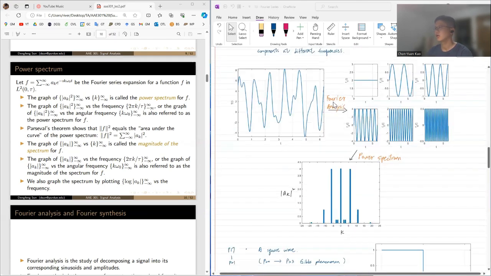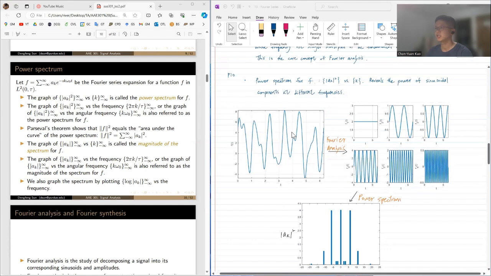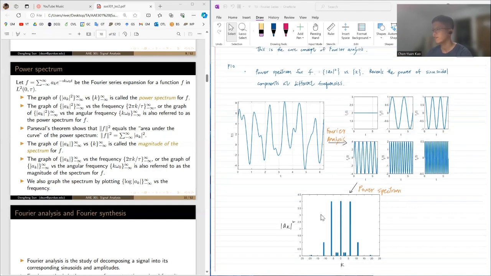So now let's look at the example that we have seen previously. After running Fourier analysis on this complicated signal, we can decompose this signal into 6 different sinusoids. The power of each of these sinusoids can be clearly observed by looking at the power spectrum of the function f.